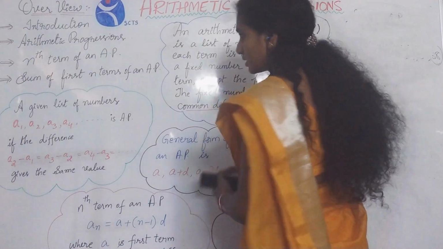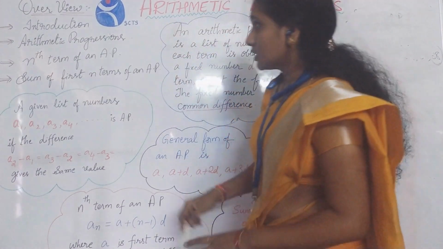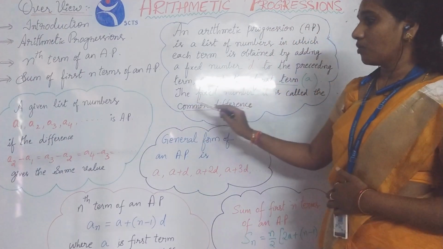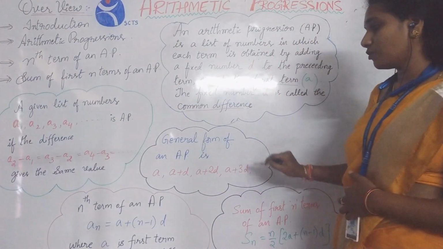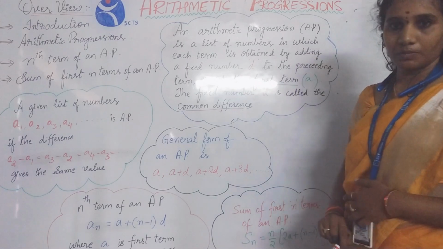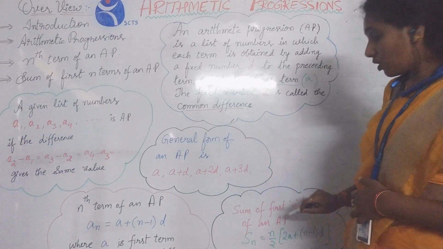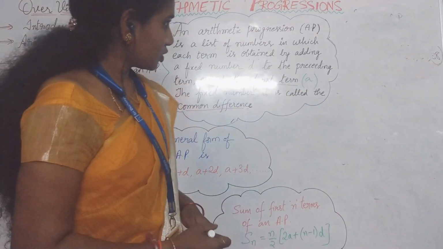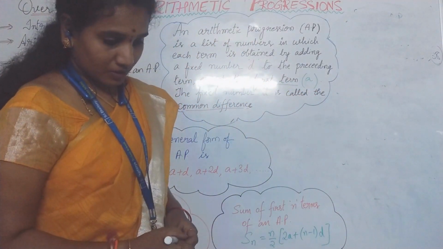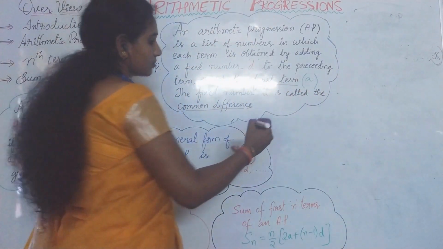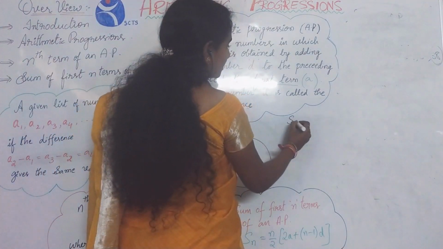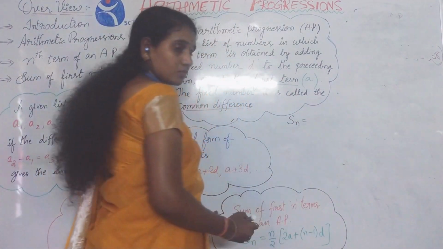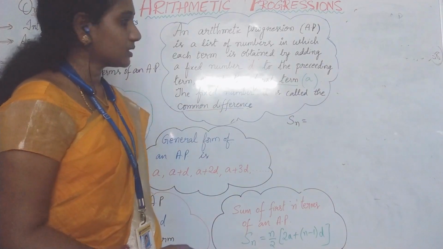So till now we discussed what is an AP, what is the common difference, what is the general form of an AP, and what is the nth term of an AP. Now let us see the sum of the first n terms of an AP. How to calculate the sum of the first n terms of an AP? I am taking the sum of n terms as Sn.